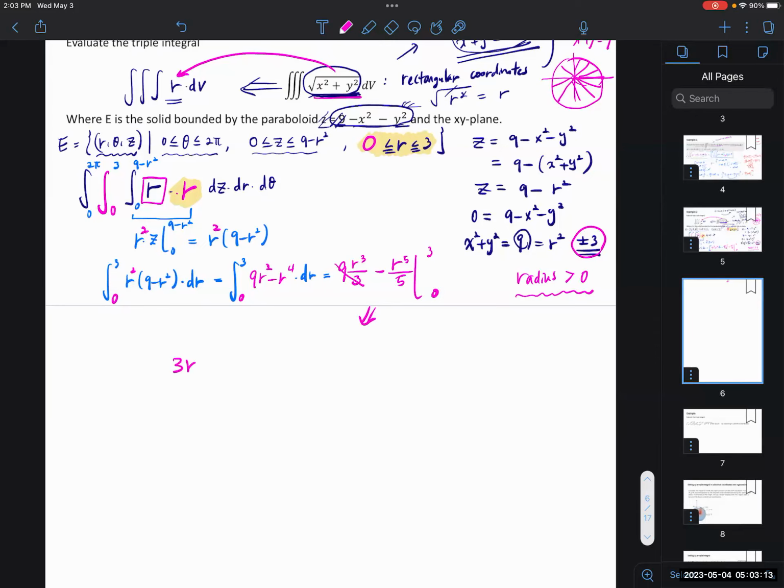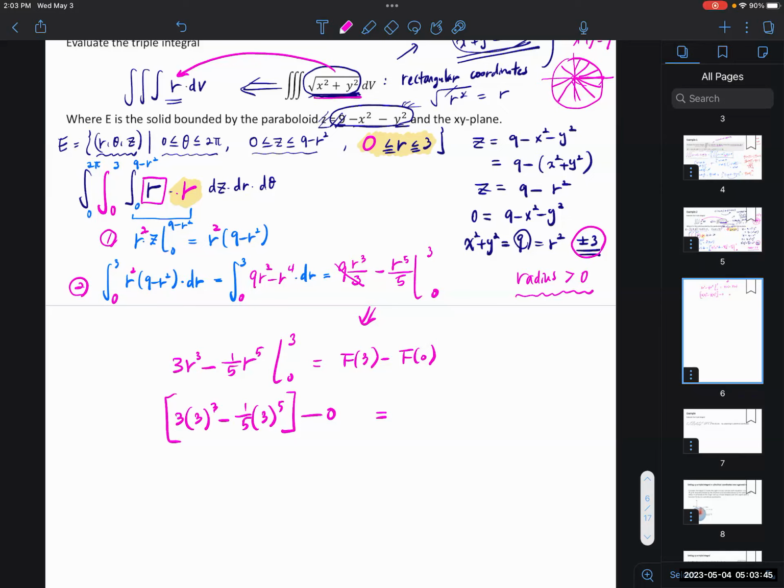So 3r to the third minus 1/5 r to the fifth from 0 to 3. That's actually what we need to simplify. This is the first integral, second integral so far. So that's going to be 3 to the third, 1/5 3 to the fifth, minus 0. So we just need to calculate that part.